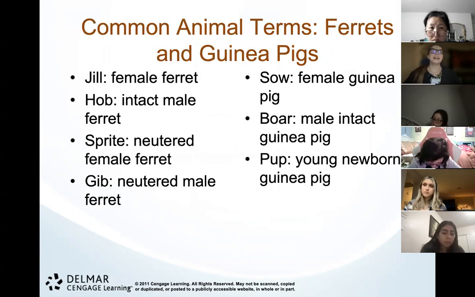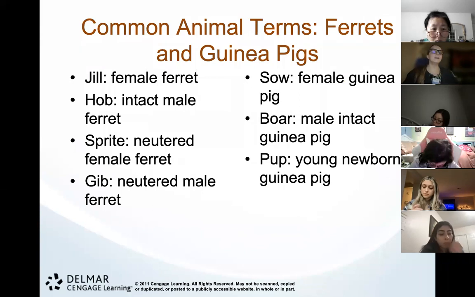All right, then we have our ferrets and guinea pigs. Again, this is our cavy. So a Jill is considered to be the female ferrets. A hob is an intact male ferret. A sprite is a neutered female ferret or a spayed female ferret.